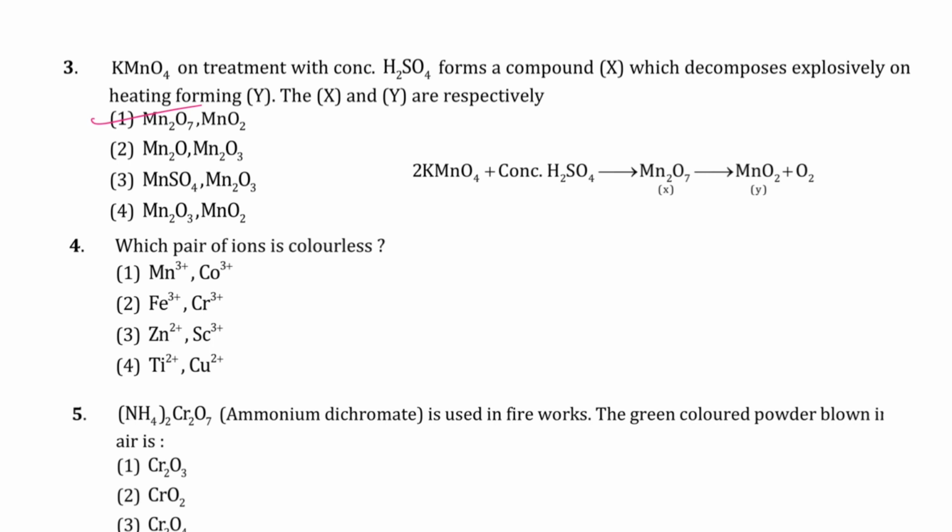Next, the fourth one: which pair of ions is colorless? Generally, we know that d0 and d10 configurations are colorless because there is no d-d transition.